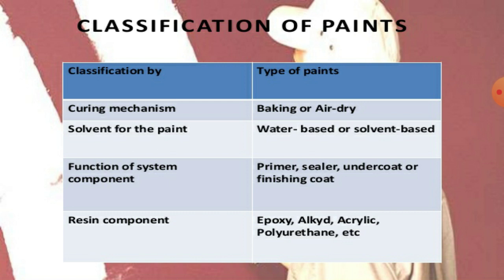Then paints are classified by the function of their system components. For that, different system components or functions, the primer, sealer, undercoat or finishing coat paints are used. And for the resin components, the epoxy, alkyd, acrylic, polyurethane, etc. These paints are used for these resin components.